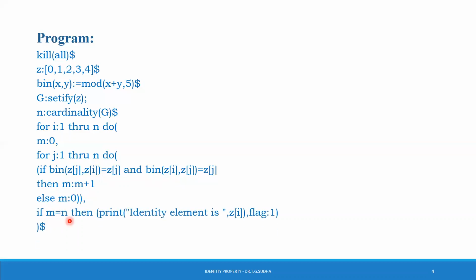If m is equal to n, that is, the value of m obtained here is equal to n, the cardinality of the set G, then the identity law is satisfied by the element Z[i] for all elements belonging to G. Hence, print identity element is Z[i], and it is stored as flag equal to 1. If flag is not equal to 1, then we give the print command identity does not exist.